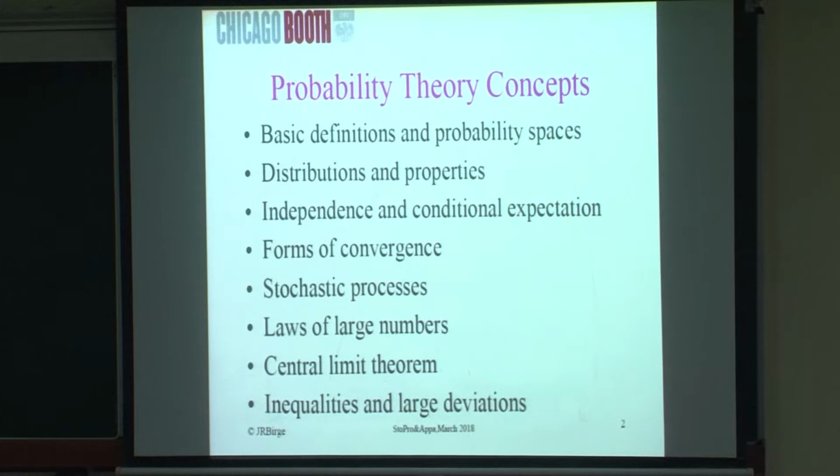And then often things that we use, like when you're proving things, what are the ways in which you can prove that something converges to something else? In probability, there are a few of those. So I'll go through and then talk about what the differences are in those definitions of convergence.